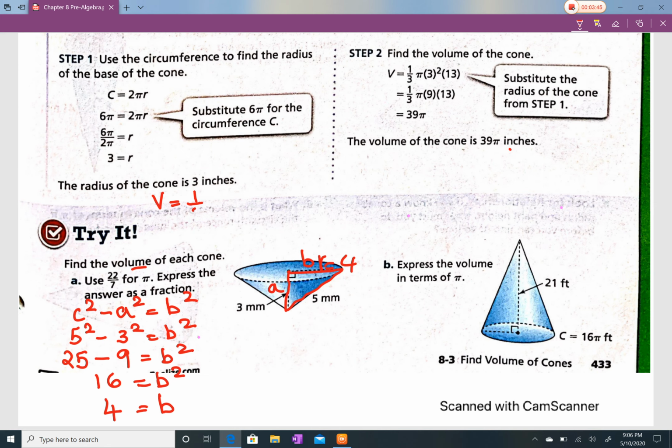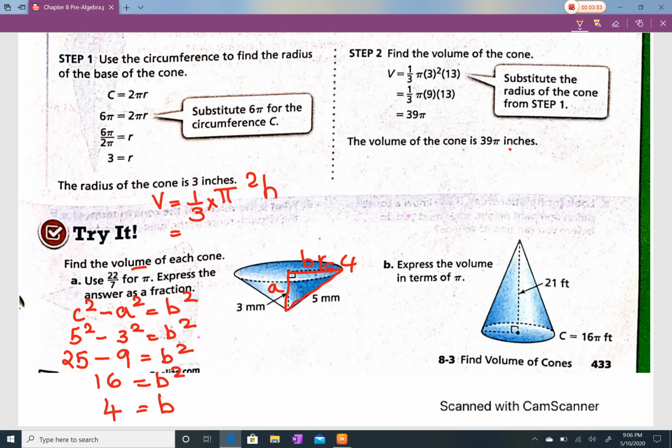Now I'll find the volume because I have the radius, 1/3 times pi r squared h. So what I'll do is 1/3. They told me to use pi as 22/7. So I'll use 22/7 times r squared. R is 4. 4 times 4 times height is 3.